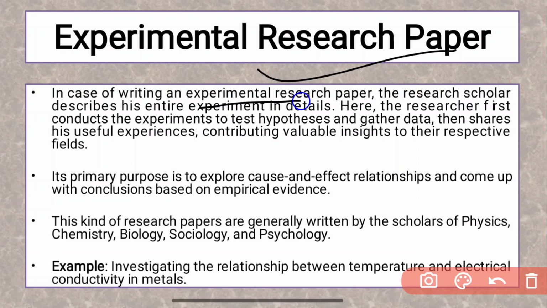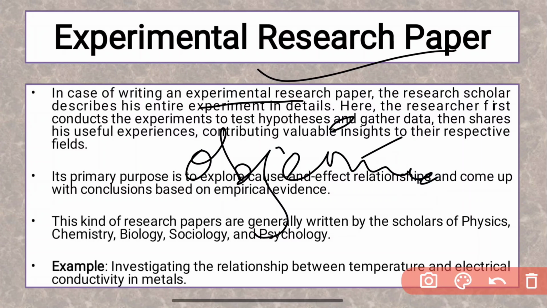Then you set the objectives of the study, then formulate the hypothesis and then you test the hypothesis. And while writing, you have to describe everything about the experiments, right? Like from where you have collected the data, what will be your sources of collection of data, right? The tools for collecting the data, and so on and so forth.